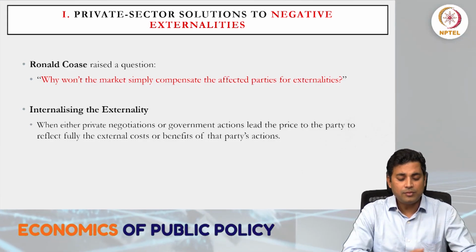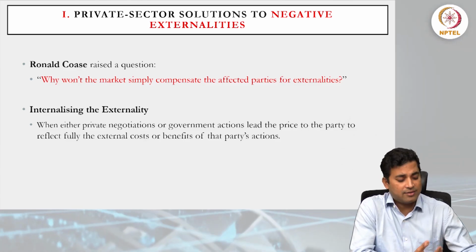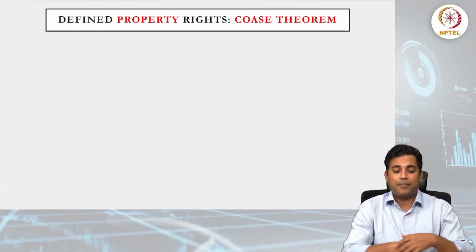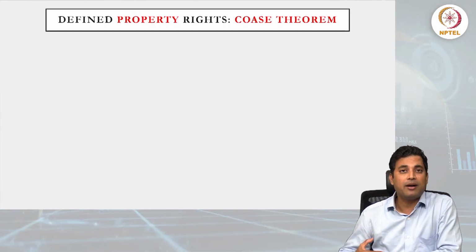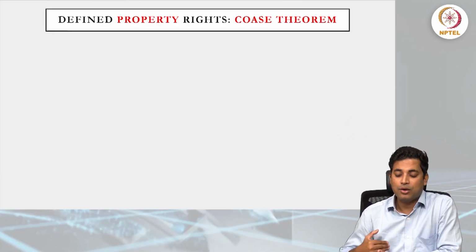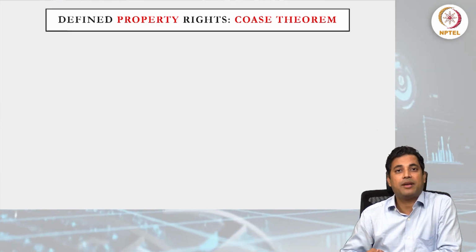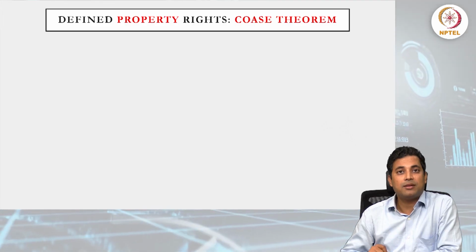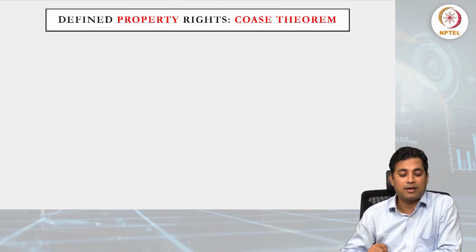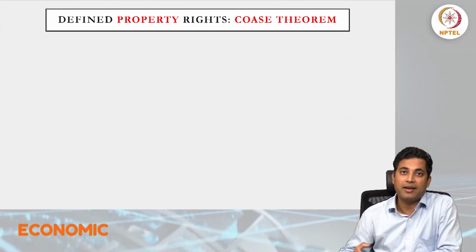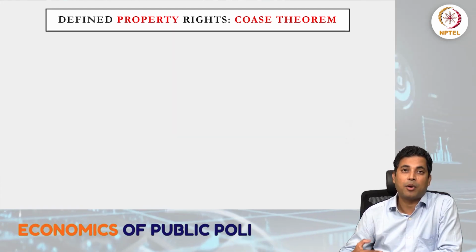And then what was his proposition? Let us discuss that, and then we'll also give the examples. Here the main point that Ronald Coase highlighted is on property rights: define property rights. Who should have the property right?